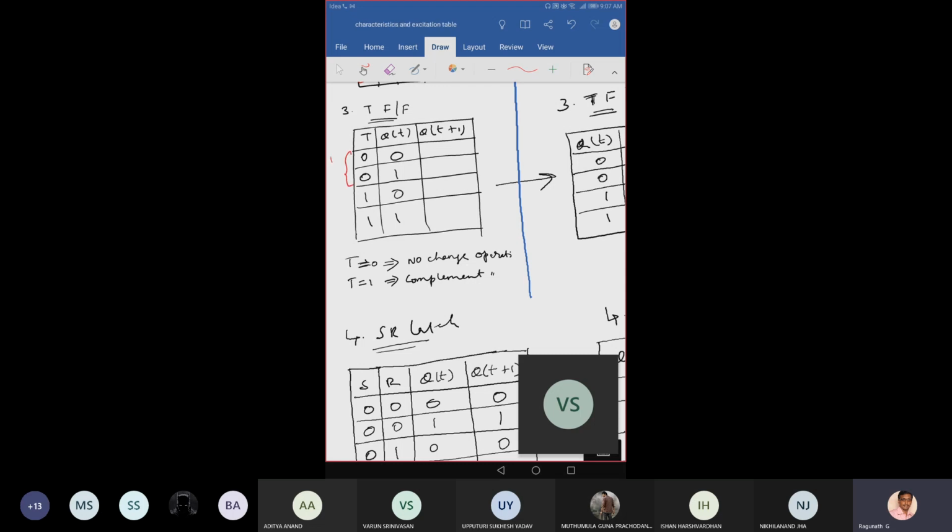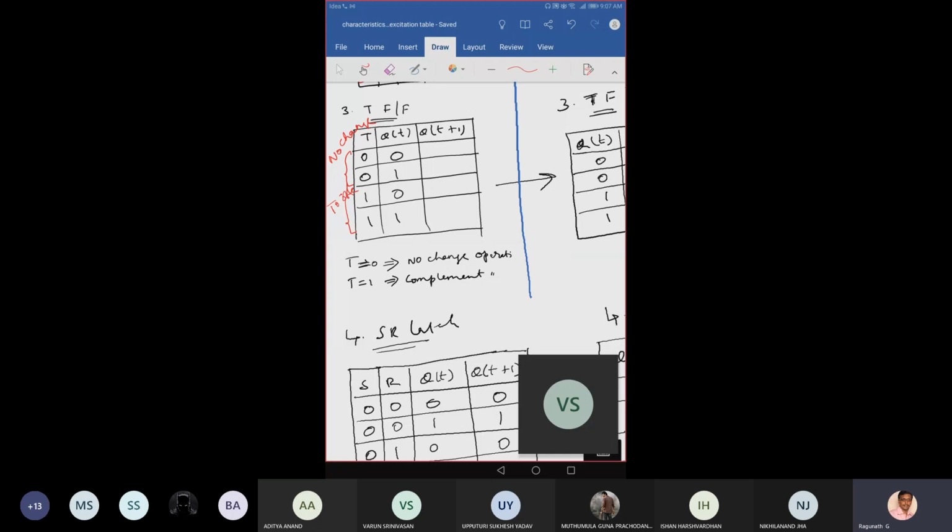When T equal to 0, it will perform the no change operation, and T equal to 1, it will perform the toggle operation. That's all. Actually, the JK has all the characteristics. All the operations are possible in the JK flip-flop. But the D flip-flop can perform only 2 operations, and T also performs only 2 operations.